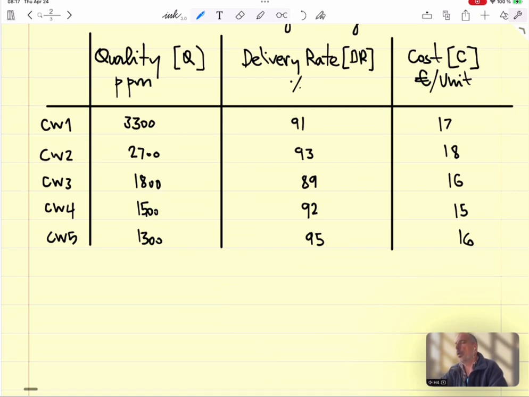Well, one thing that you should train your eye to see is that the quality here is in the thousands, delivery rate is in the hundreds, cost is in the tenths. You need to train your eye to see that, just on the spot. So one unit of change from 3,300 to 3,301 is not the same in proportion as 1 unit of change from 17 to 18.